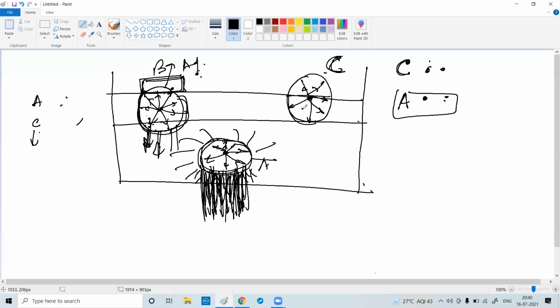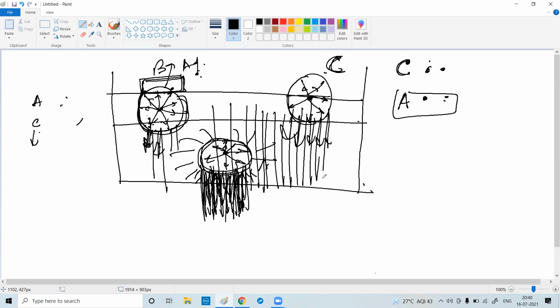So here also the water molecule will be pulled downwards. So if you see in all three scenarios, the cohesive forces are actually pulling the molecule downward, and hence everybody is getting pulled downward.